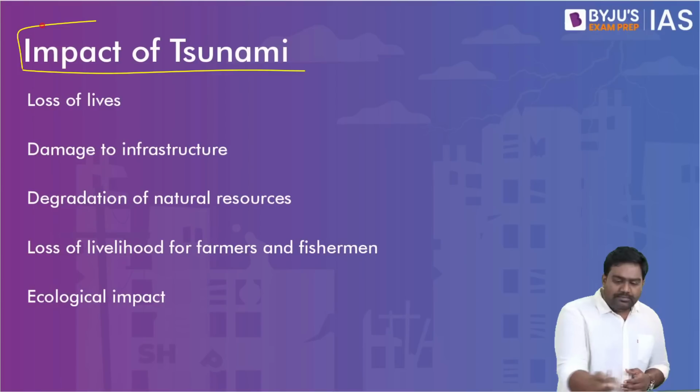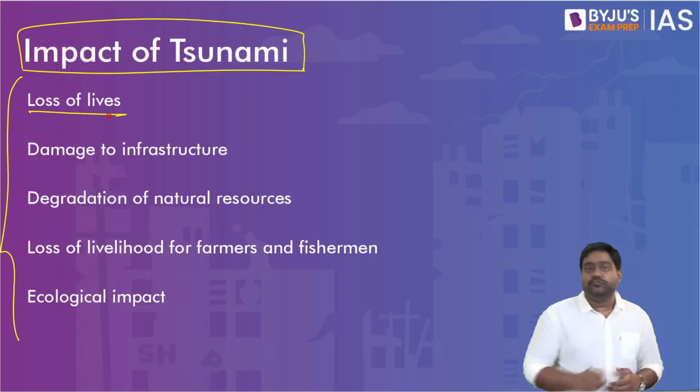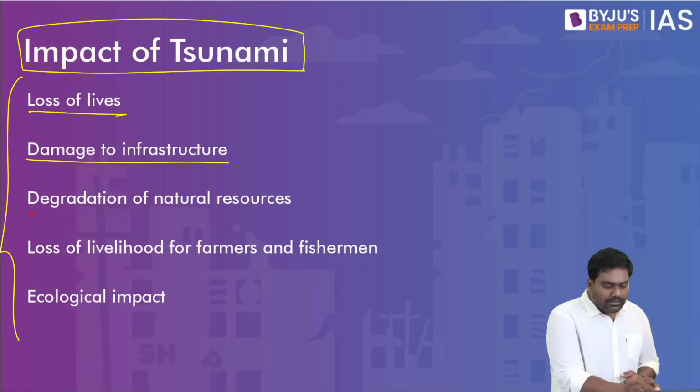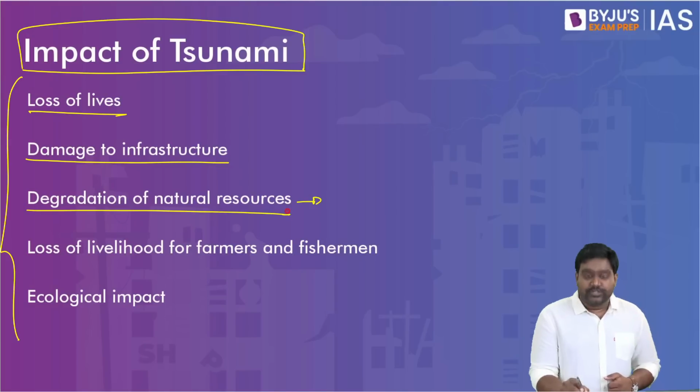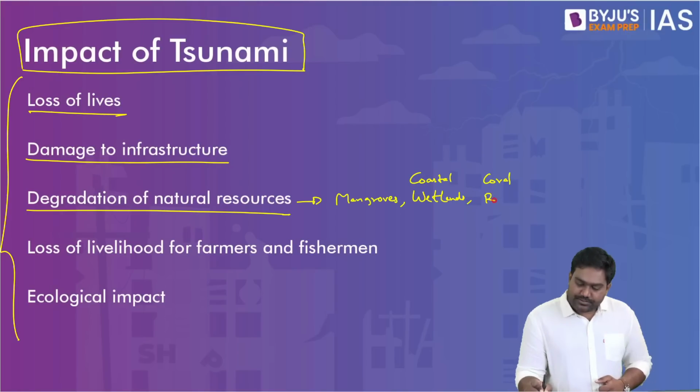So if you look at the impact of tsunami, it's quite extensive. There will be large-scale loss of lives, severe damage to infrastructure, as I pointed out, and degradation of natural resources: mangroves, coastal wetlands, coral reefs.